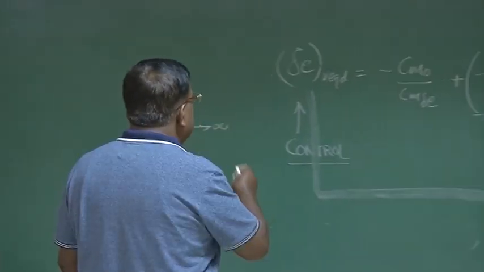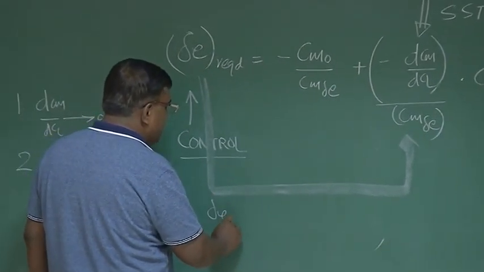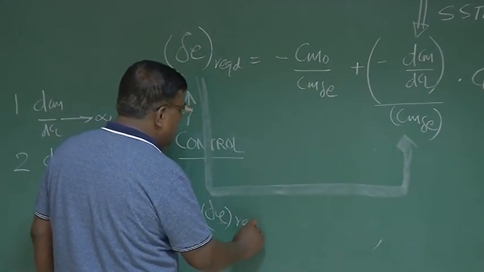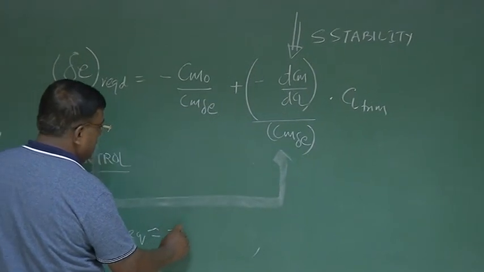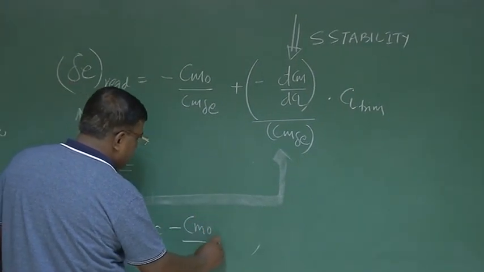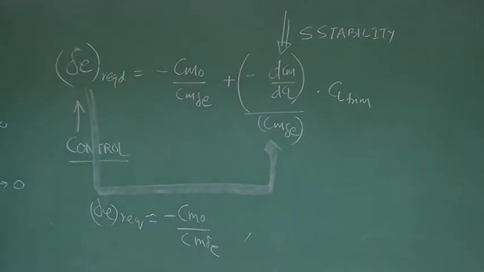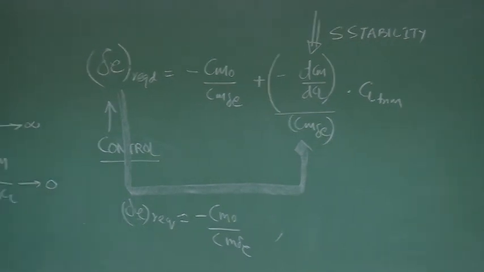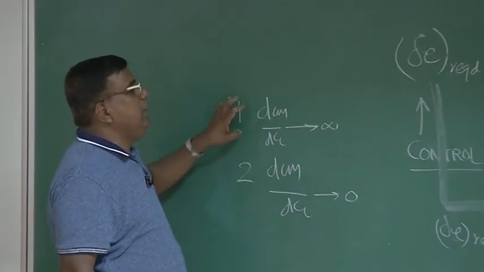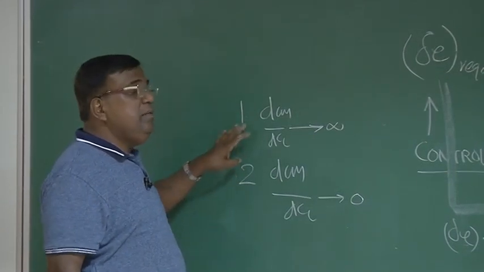Then delta E required is just minus Cm naught by Cm delta E. It doesn't depend upon CL trim at all, which is typical of neutral stability characteristics. These two extremes are physically not realistic, but they give us a message.